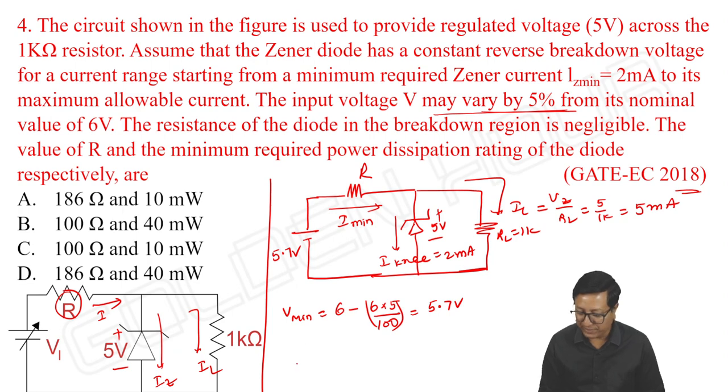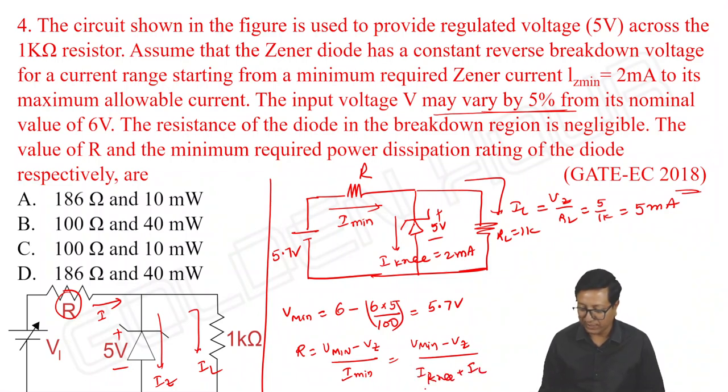So I minimum we can write. R, I can write R is equal to V minimum minus Vz by I minimum. What is V minimum here? Okay, and V minimum minus Vz by I minimum, it is I knee current plus IL. So how much do we get here?